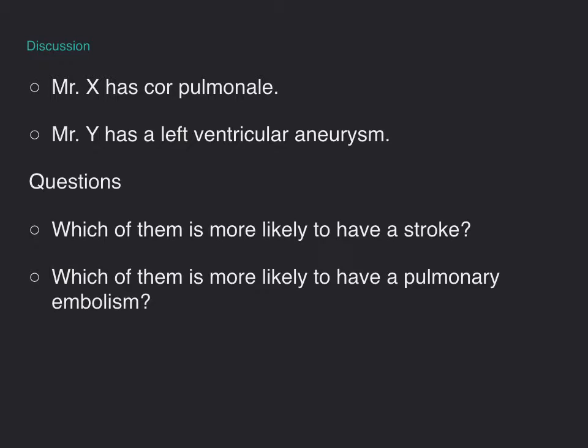So symptoms of a stroke or a TIA always are sudden in onset and focal, and usually are one-sided. The most common symptom is weakness of the face and arm, and sometimes also of the leg.